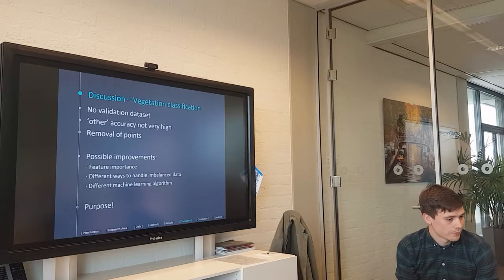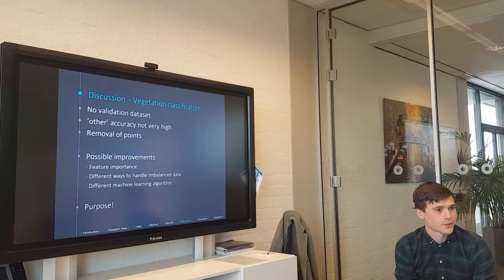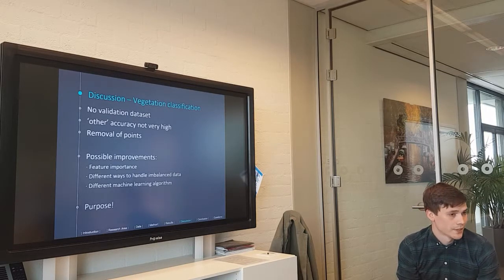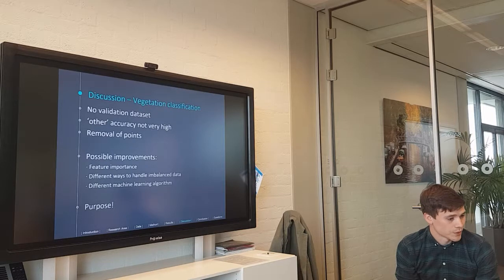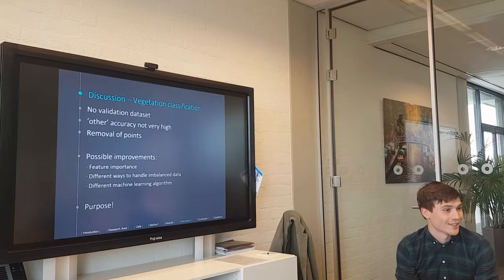Other possible improvements: we could look at the importance of different features and throw out features that are maybe not adding a lot or even making it worse. We could try different ways to handle the imbalanced data problem, like upsampling or downsampling in some smart way, or use different machine learning algorithms. Just like before, I used a random forest.